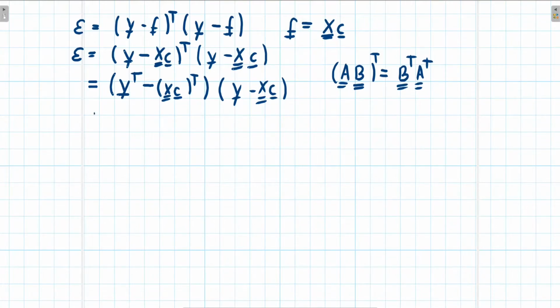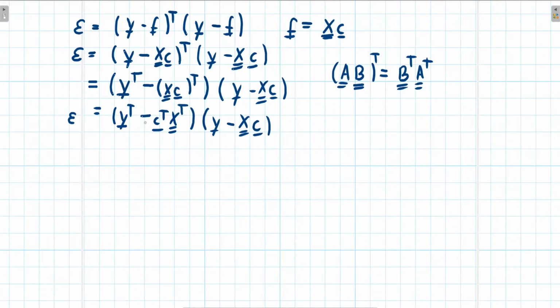That's what we're going to do next. And after that is done, we can multiply all the terms out individually. So we have y transpose minus c transpose X transpose times y minus X C. So this is our simplified expression for epsilon.